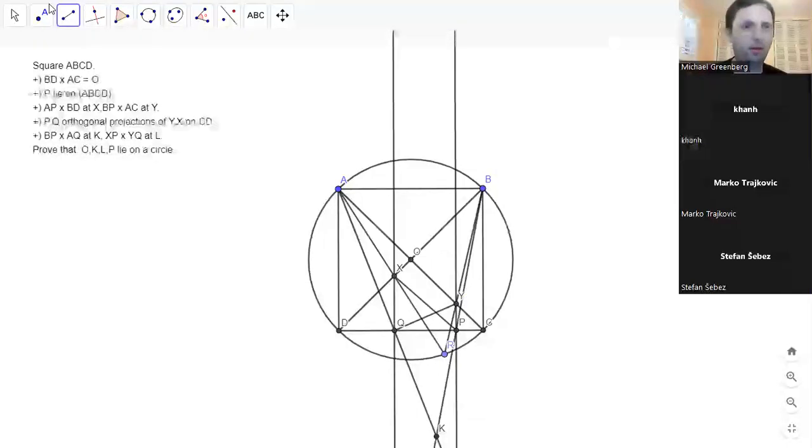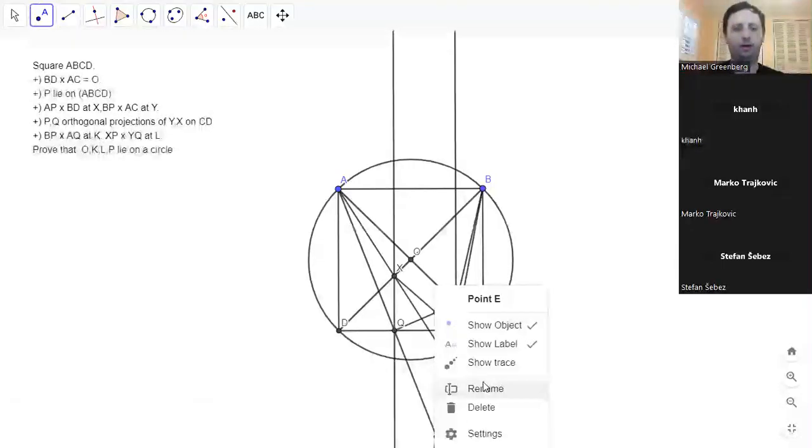We need an L. And we want to show OKLP is cyclic.